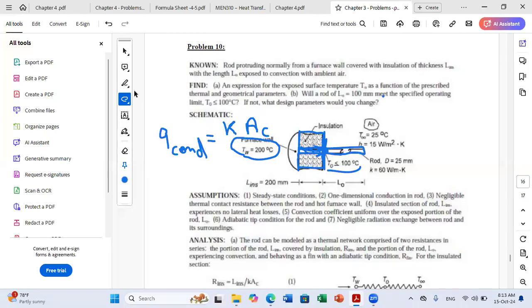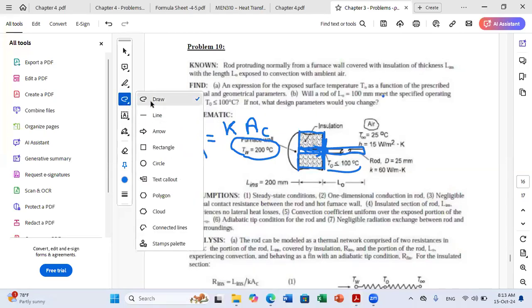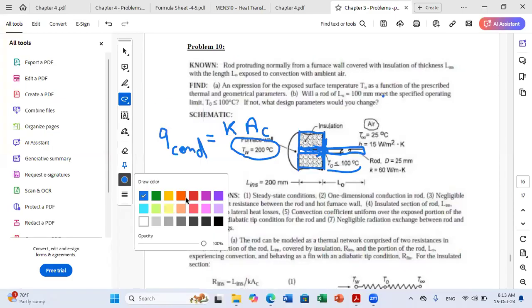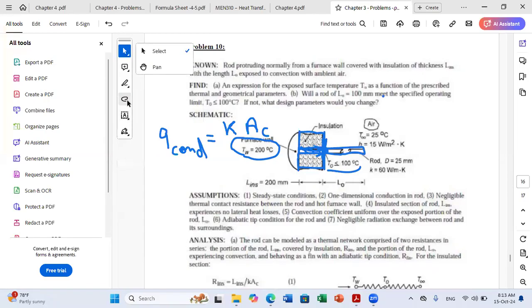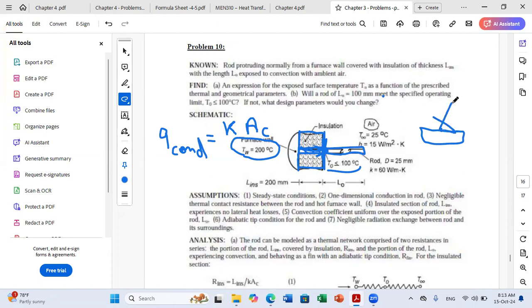So if I consider my fin, in the first part of my fin, I don't have heat convected to the outer part because I have insulation. So no heat can propagate in this direction. Only heat will travel through my fin by conduction.